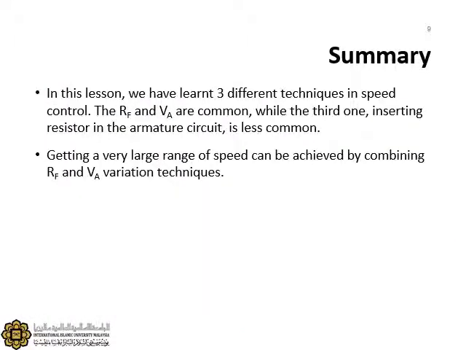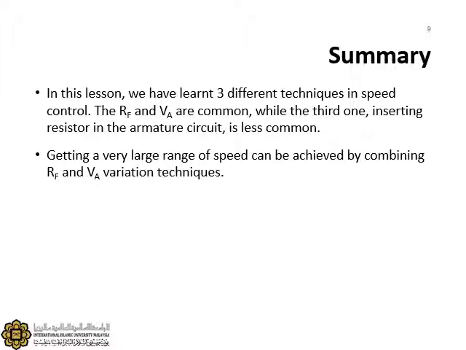So in summary, in this lesson we have learned 3 different techniques that are used in speed control. 2 of them are more common, which are the RF and VA variation, while the third one, which is inserting a resistor in the armature circuit, is less common due to the additional losses that it has.